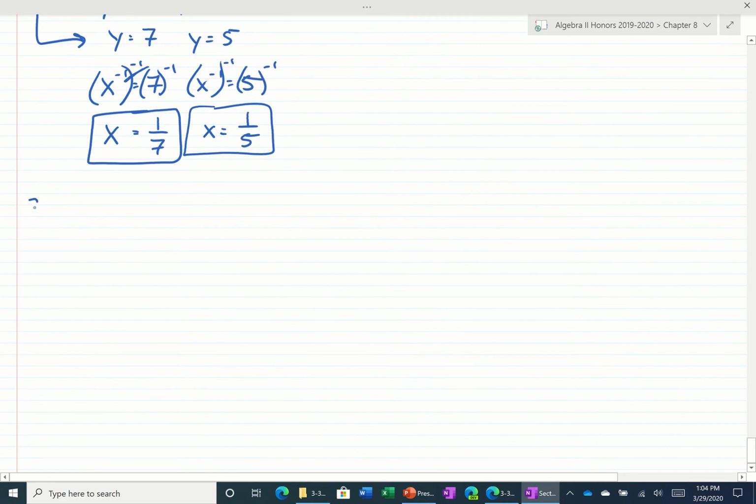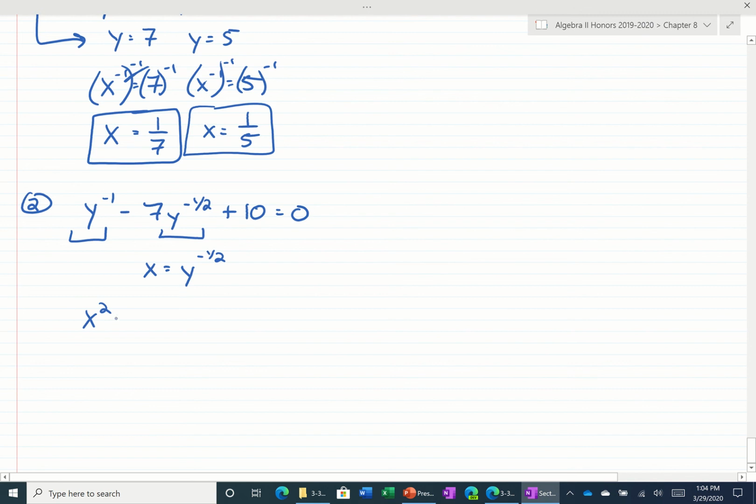For our second example, that sound before, I'm itching my chin, so if you didn't know what that noise was, now you know. So let's see. y to the negative first minus 7y to the negative 1/2 plus 10 is equal to 0. We could do the same thing we did before. I know y to the negative 1/2 times 2 is y to the negative first, so I can make that substitution. x is that middle term, y to the negative 1/2.